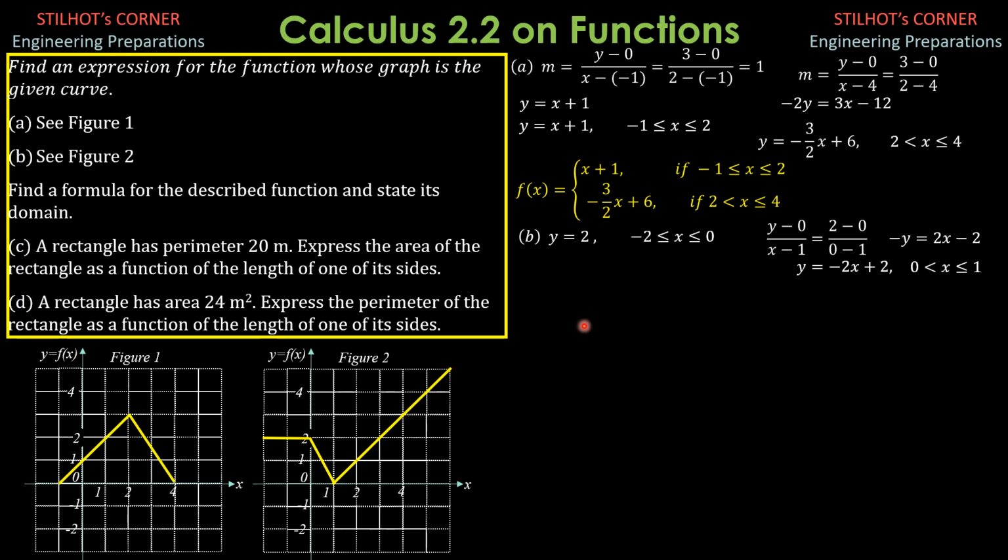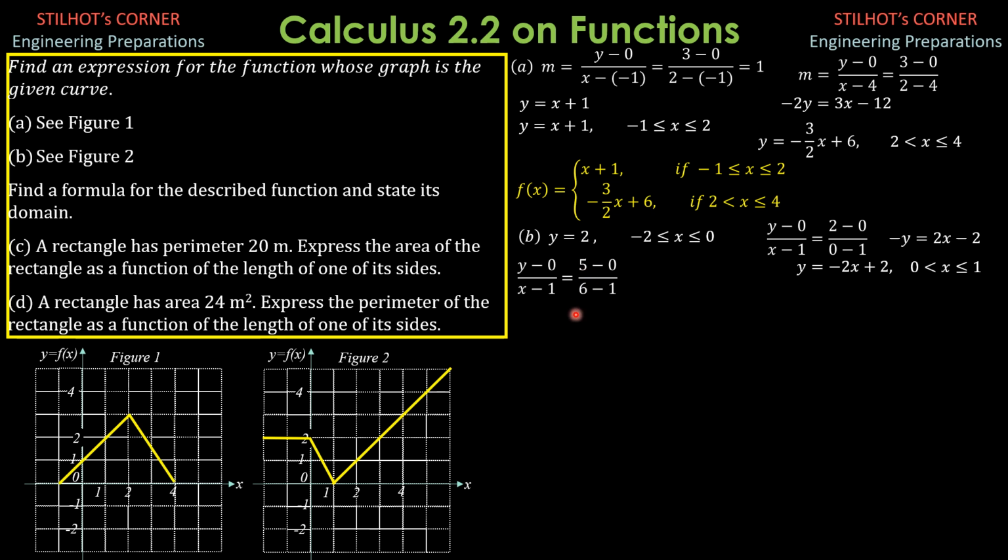So for the third function, which is composed of these three, y minus 0 over x minus 1 equals 5 minus 0 over 6 minus 1. 5 minus 0 is 5, 6 minus 1 is 5, so 5 over 5 is 1.